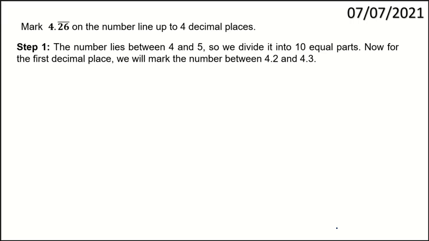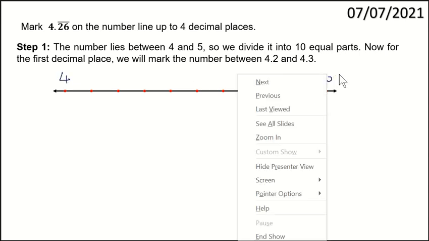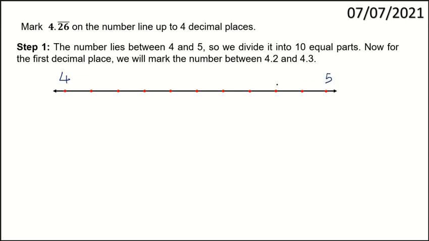So we divide it into 10 equal parts. Like I have drawn a number line, taken points on it. As it lies between 4 and 5, I have divided it into 10 equal parts.